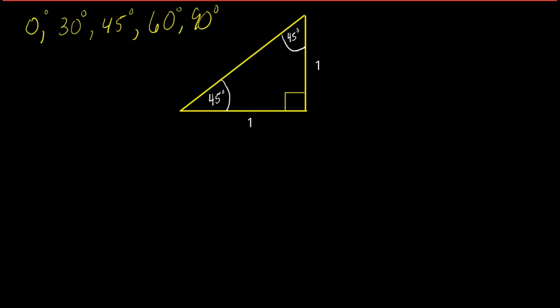On a 45-45, if we let the base and a equal 1, then the hypotenuse is 1 squared plus 1 squared, so c is equal to the square root of 2.